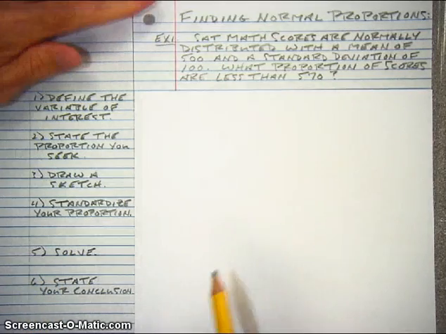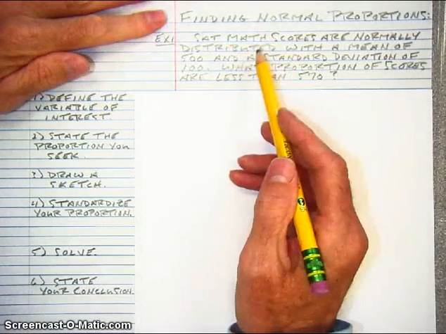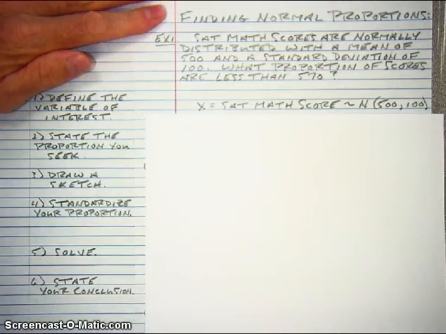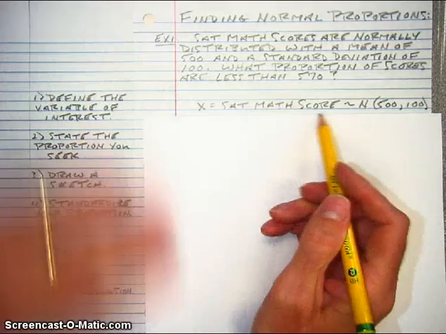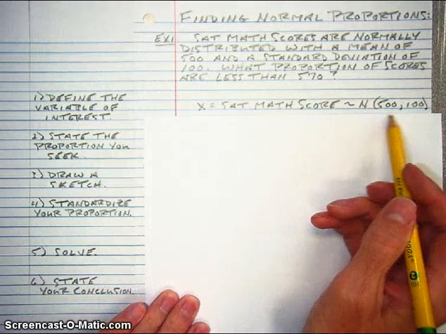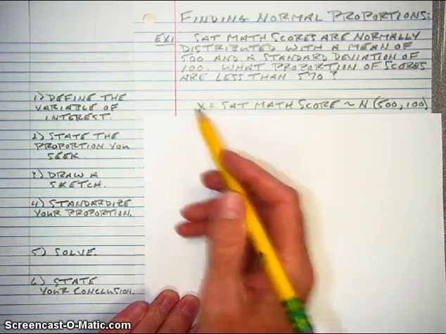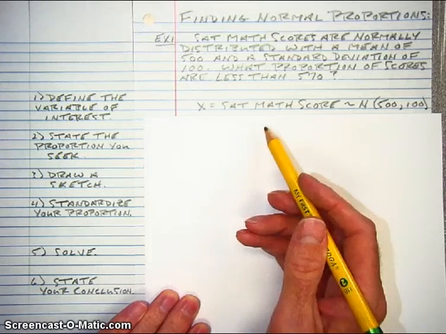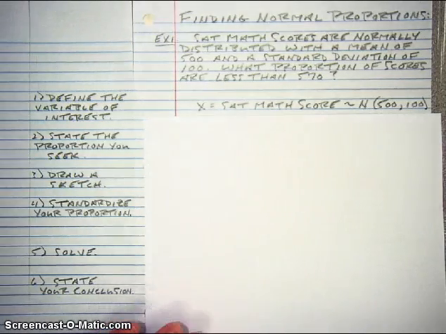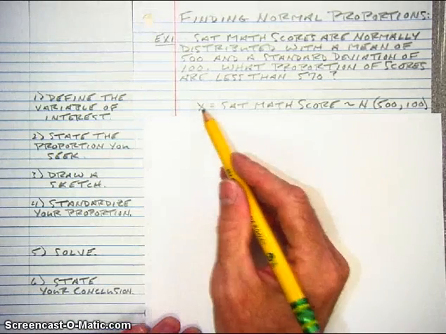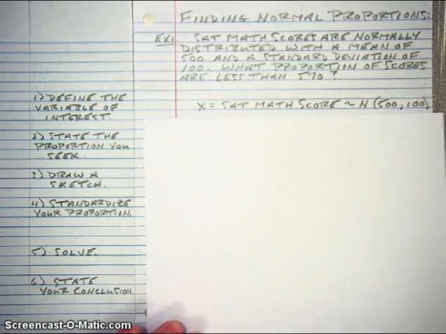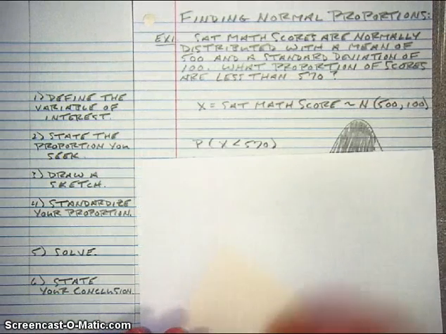So working this example right here, the variable we're interested in is SAT math score, so we just define x to be SAT math score, and it's normally distributed with a mean of 500 and a standard deviation of 100. So that is our definition of the variable. Now the proportion we're seeking here is the proportion of these x's that are less than 570.